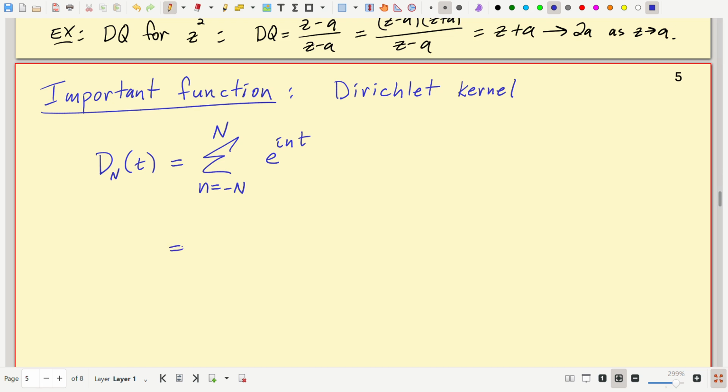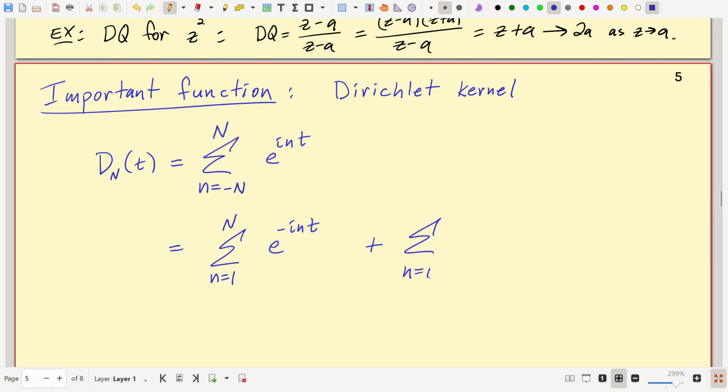Let me do the negative ones first. That would be a sum as n goes from 1 to capital N of e to the minus int. So those are the negative ones. And then I need the 0 to the positive ones.